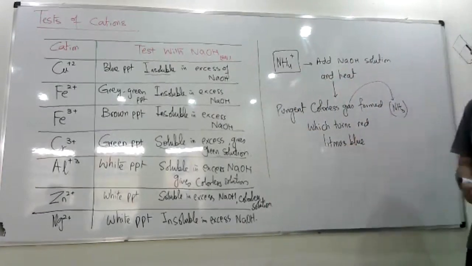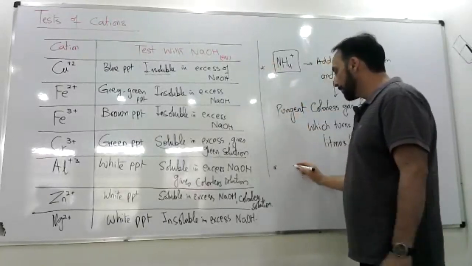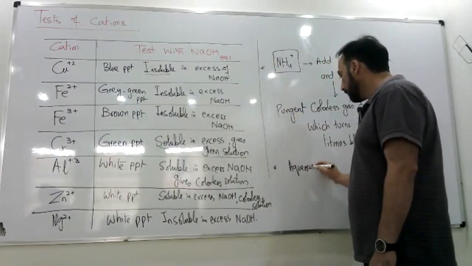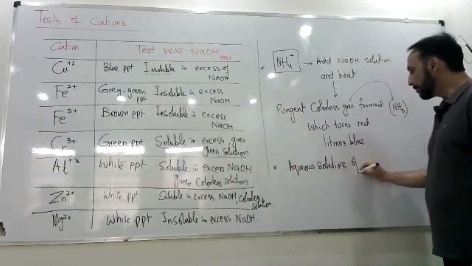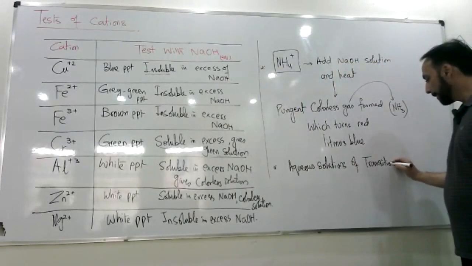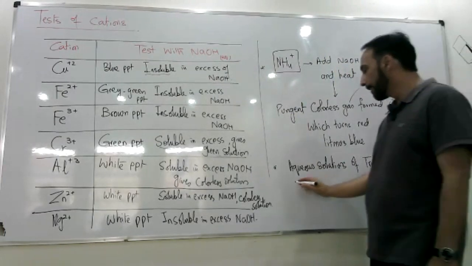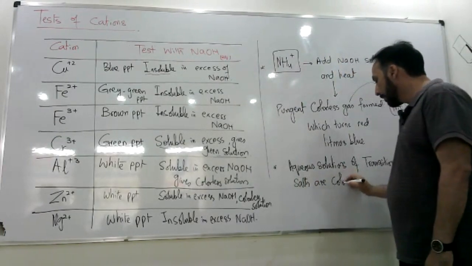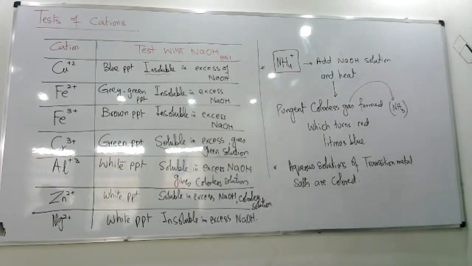Other than that, if you could add one more point after this table, secondly, the aqueous solutions of transition metal salts are colored.